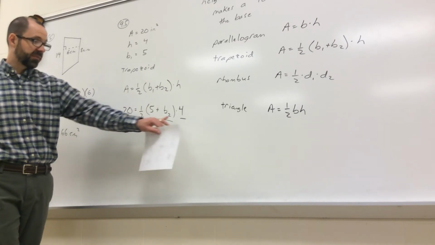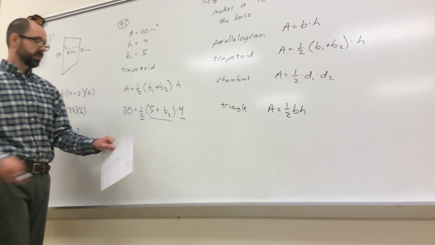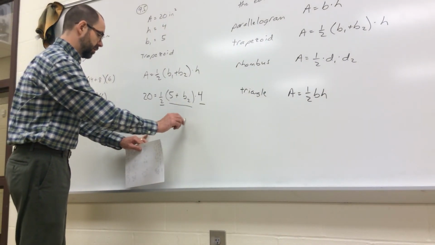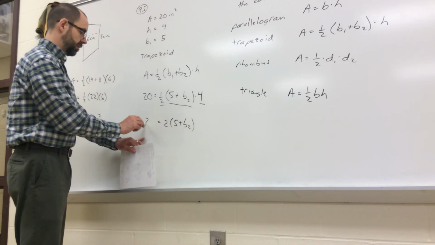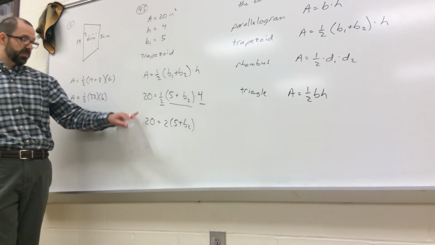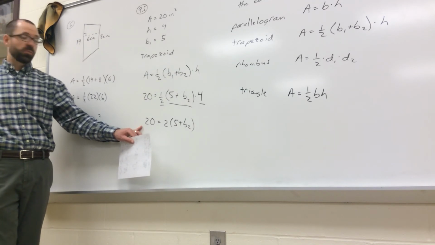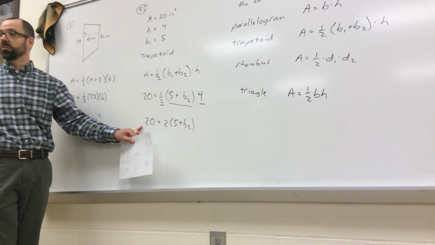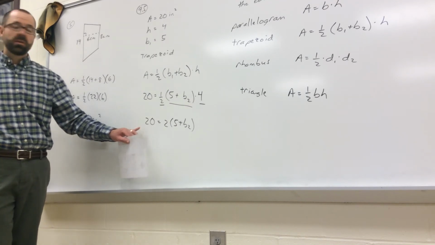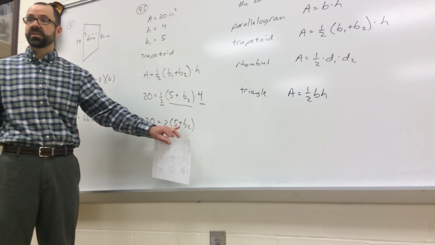So I'm going to take the 1/2 times 4 first. So to get from this step to that step, I multiplied 1/2 times 4 and got 2. Okay, now how is this 2 attached?